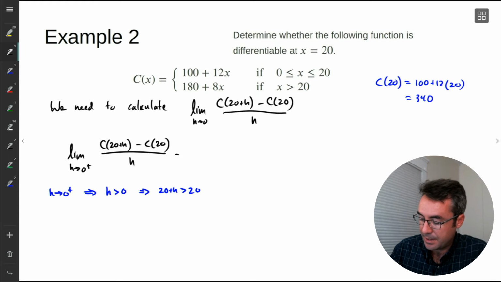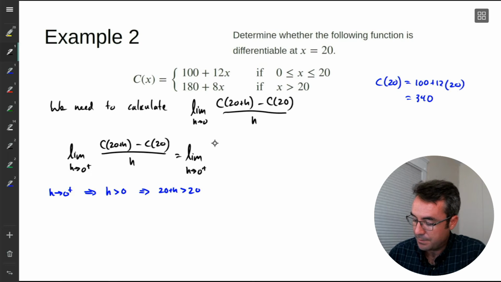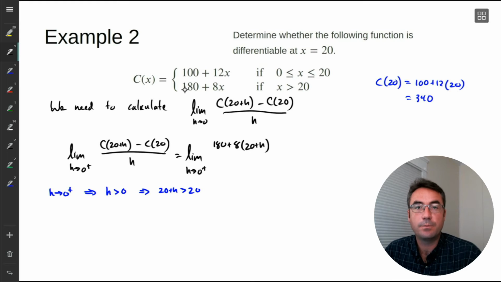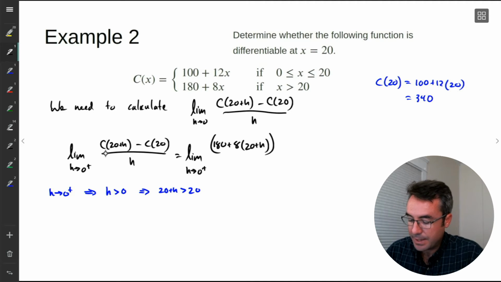So let's actually fill that in. So we're going to plug 20 plus h into that second piece. So I go to my second piece here, 180 plus 8x, and I'm just going to change this x to a 20 plus h. So I'm just plugging in. All right, so that's what I get when I evaluate my function c at 20 plus h.